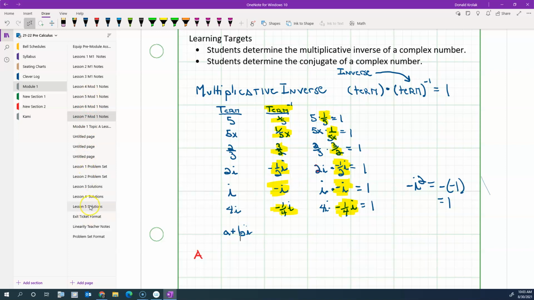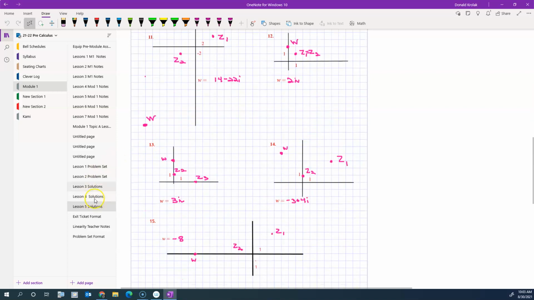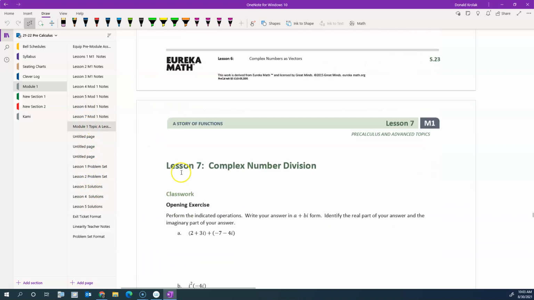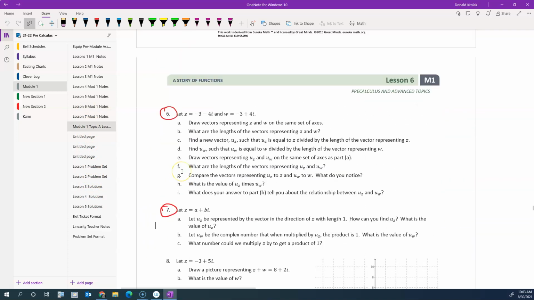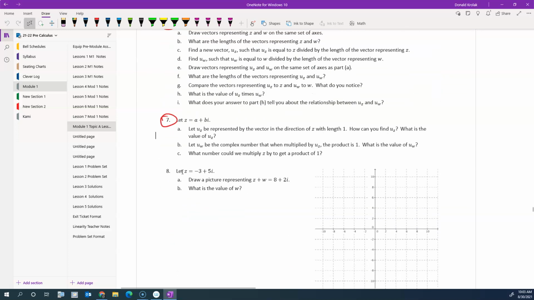Let's see, was it here? Nope. That's division. It was these 2 pages right here. So it was this work right here that we did for number 7.